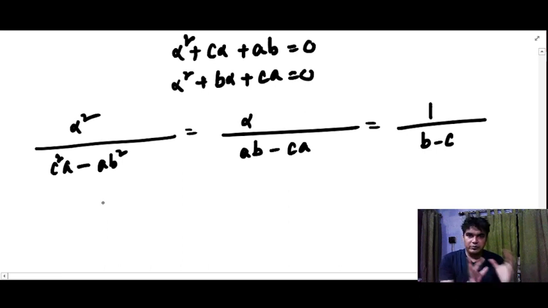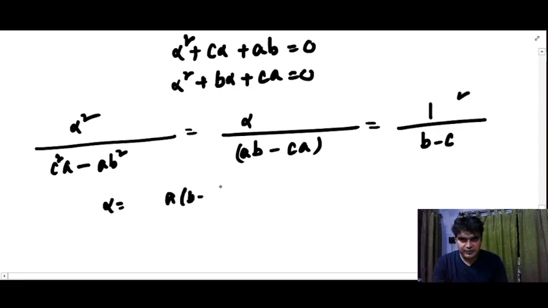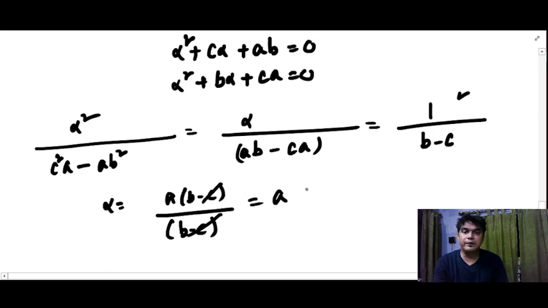So now from this one, let us find the value of alpha. So value of alpha, I'll take this part here. If I take a common, I get a into b minus c in the numerator, and b minus c is already there in the denominator. So this b minus c gets cancelled. I get the value of alpha equals to a.